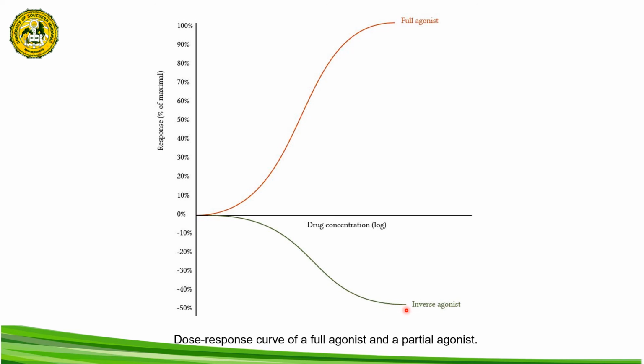So for example, when the biological response of that particular receptor is to increase the heart rate, when the inverse agonist binds to that receptor, the opposite will be the effect. There will be a decrease in the heart rate because it produces the opposite biological response from that of the agonist. So again, in terms of efficacy, it has a negative efficacy.